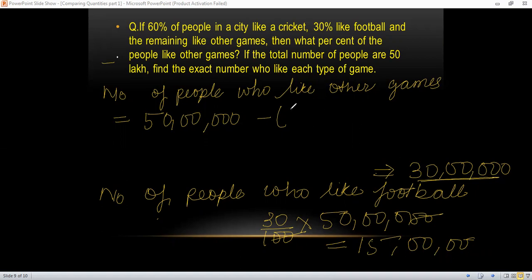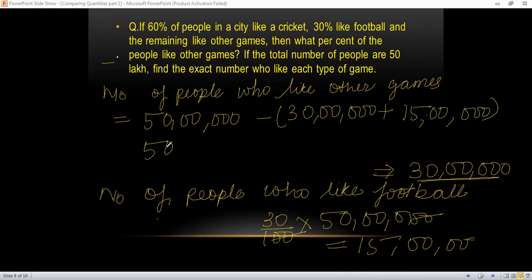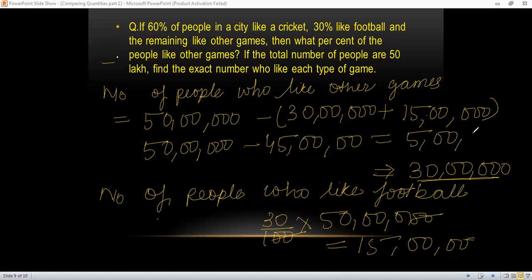I will add the values and subtract from the total number of people. So 50 lakh minus 45 lakh. So 5 lakh is the number of people who like other games.